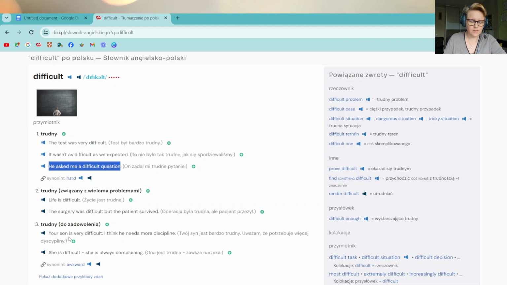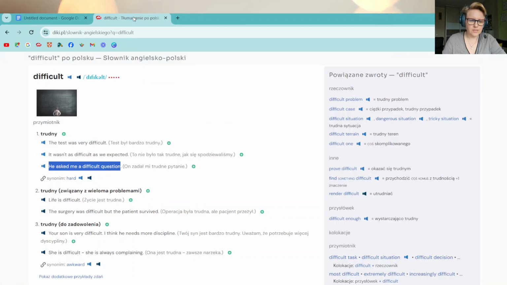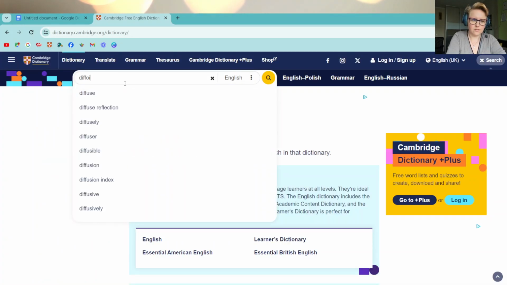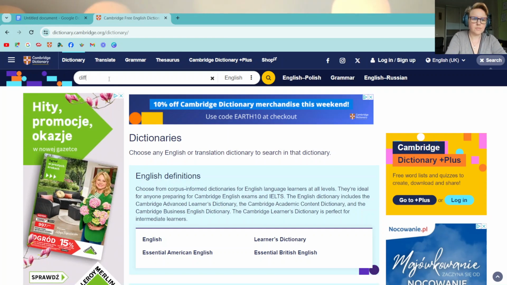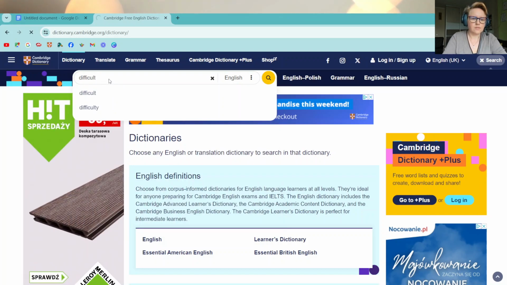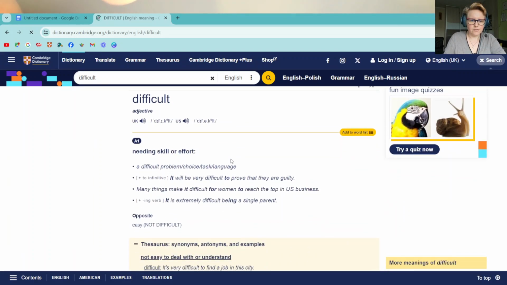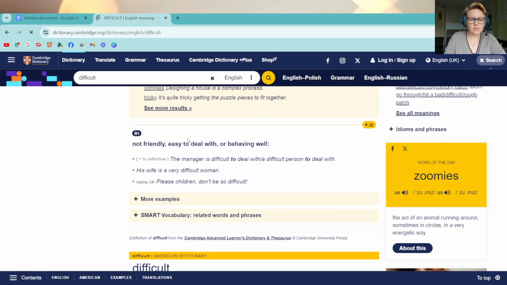Okay, so here is just a more sublime or more abstract meaning of the word difficult. That is difficult to deal with. Yes, difficult situation, difficult problem. You know what? I don't know what to copy here. Difficult. Okay, this is because I'm typing too fast. Difficult. I wonder what definition we will have here. Okay, needing skill or effort. Okay, not friendly, easy to deal with.